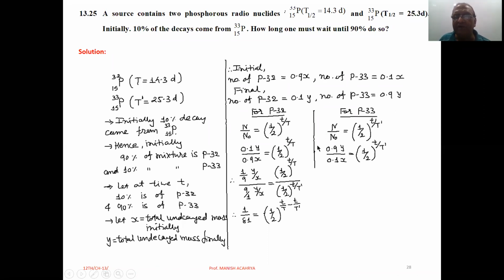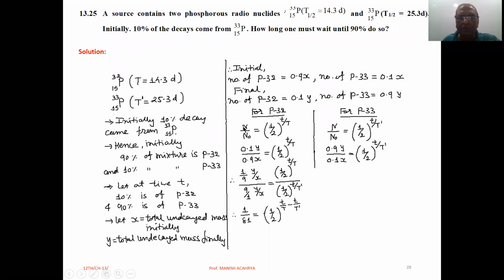Now for P32 and P33 we can use the equation N upon N0 is equal to half to the power t upon capital T. Similarly for 33 also, N upon N0 equal to half to the power t upon T dash.